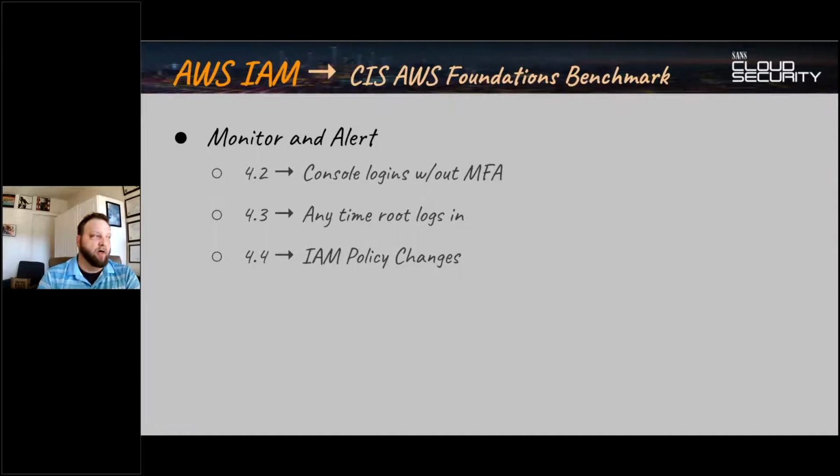And then the fourth one, 4.4, is IAM policy changes. If someone makes a change to an IAM policy, those are your permissions. If changes are made to the permissions for a user, a group, a policy, you definitely want to know about that too.